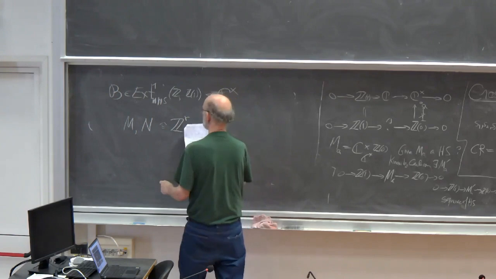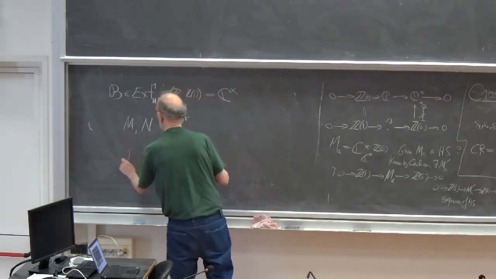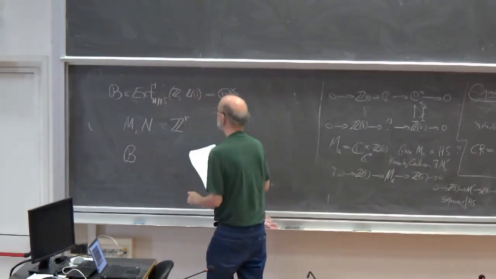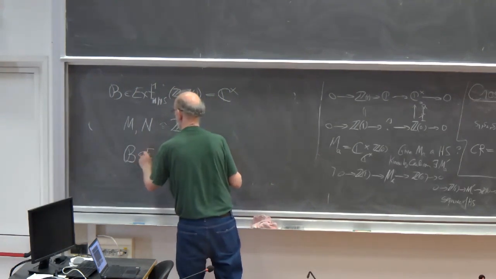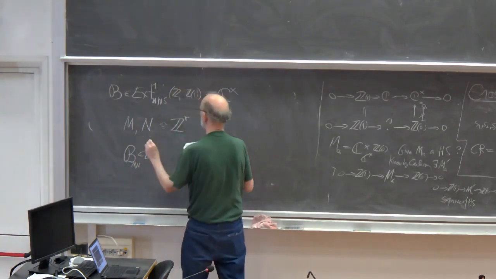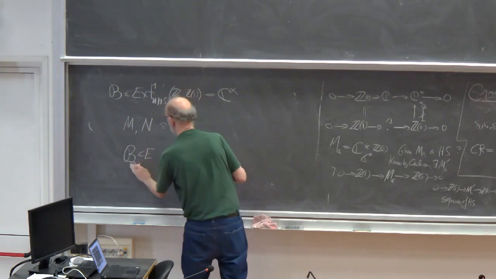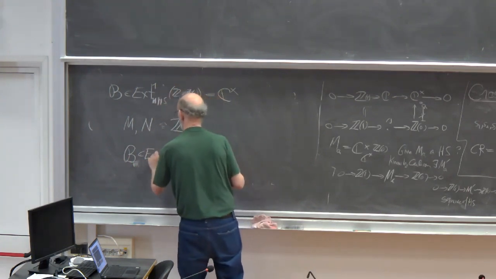Then we can consider a more general B, or maybe I should say B of M and N, in Ext^1 in mixed Hodge structures.